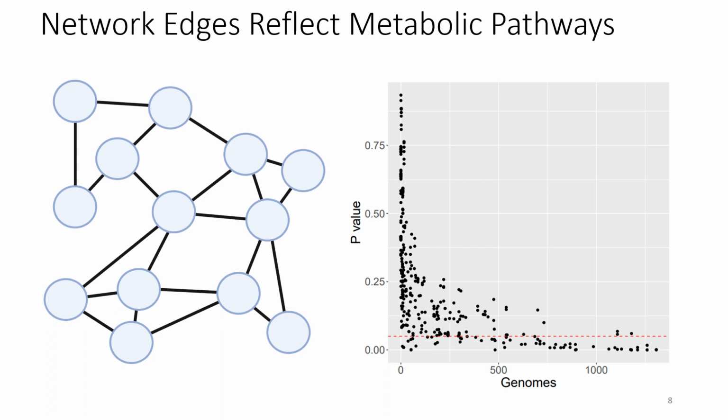As you can see on the graph, we observe a clear curve where the more conserved a pathway was, or the more bacteria which contained all of the pathway's enzymes, the more likely we were to determine its edge weights to be significant. Similarly, the less conserved a pathway was, the less likely we were to find it significant. This supports our underlying premise that phylogenetic profiles can be used to identify functional pathways.